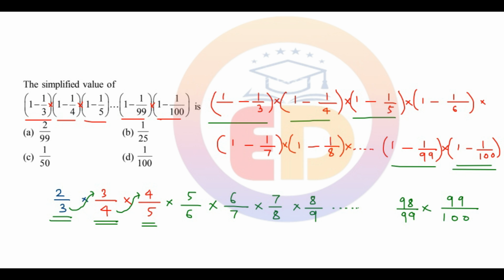और बच्चों अब यहां पर क्वेश्चन बहुत ही सिंपल हो गया है, क्योंकि 2 अपॉन 3 इंटू 3 अपॉन 4, न्यूमरेटर में 3 है, ये डिनोमिनेटर में 3 है, ये दोनों कैंसिल हो जाएंगे। अगले टर्म में न्यूमरेटर में यहाँ 4 है, यहाँ डिनोमिनेटर में 4 है, ये दोनों कैंसिल हो जाएंगे। अगले टर्म में न्यूमरेटर में 5 है, डिनोमिनेटर में 5 है, ये दोनों कैंसिल हो जाएंगे। अगले टर्म में न्यूमरेटर में 6 है, डिनोमिनेटर में 6 है, these two will be cancelled.